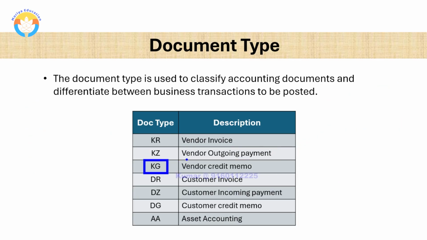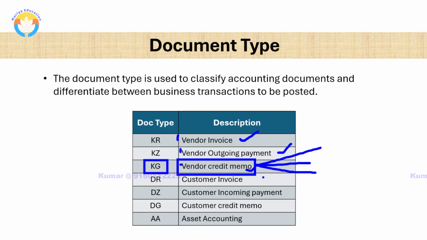And next is KG, vendor credit memo. That is returns, purchase returns, sales returns. So vendor credit memo means purchase returns. From vendor, with vendor I cannot do sales returns.